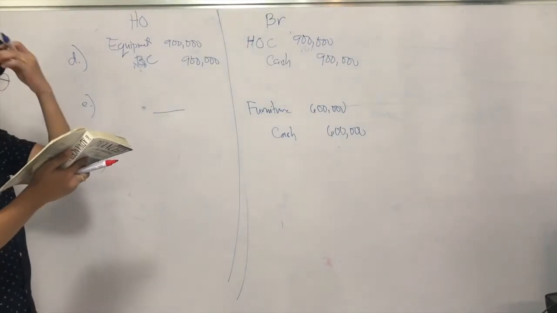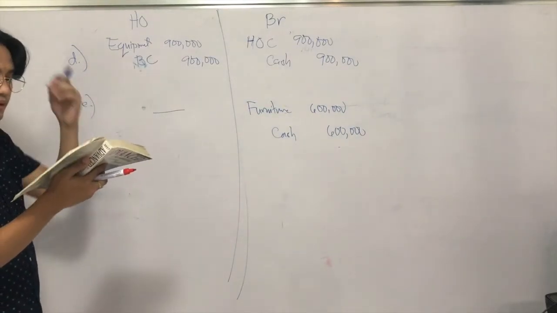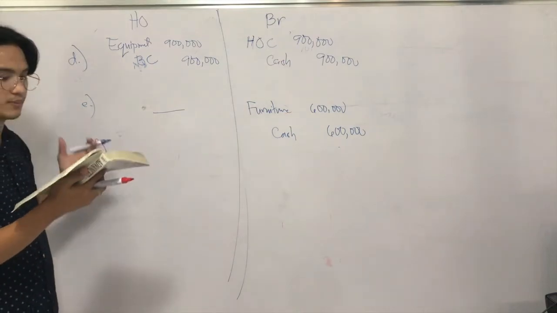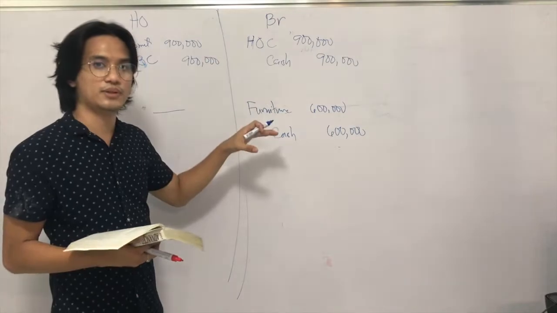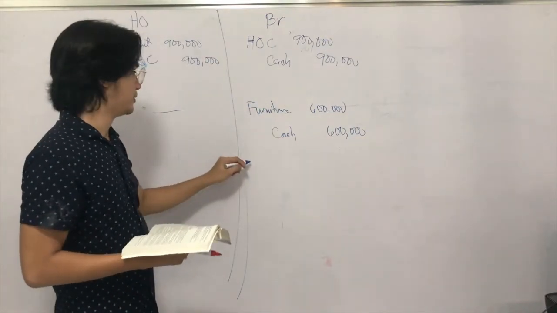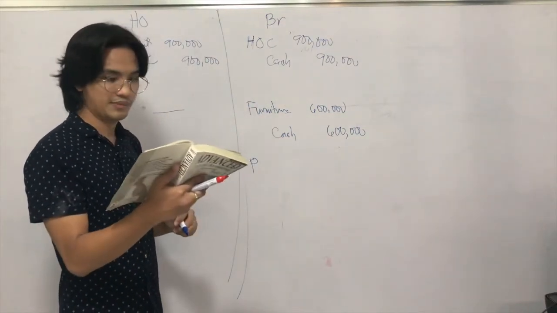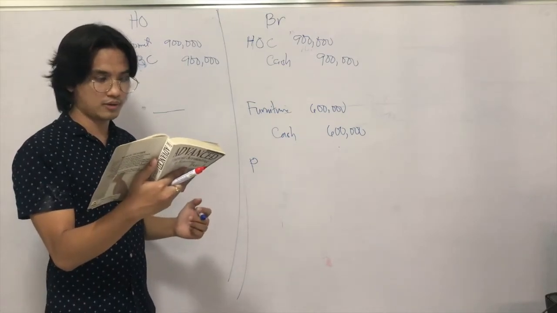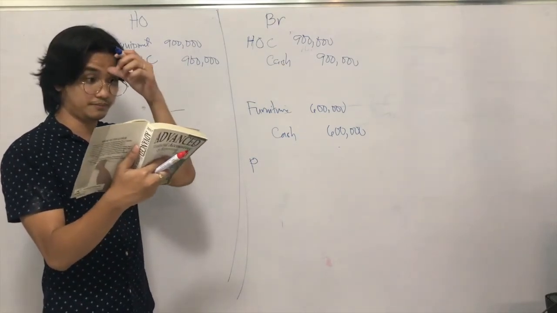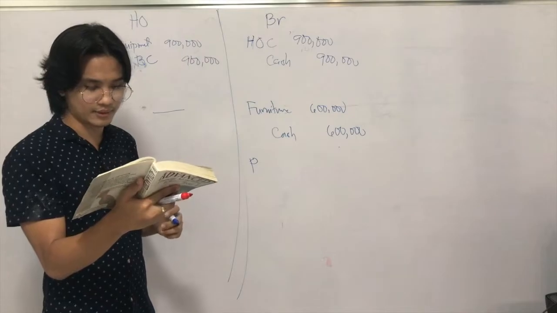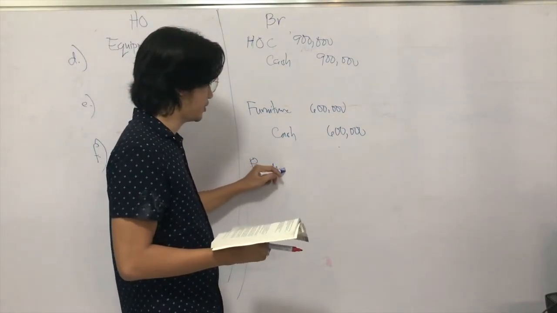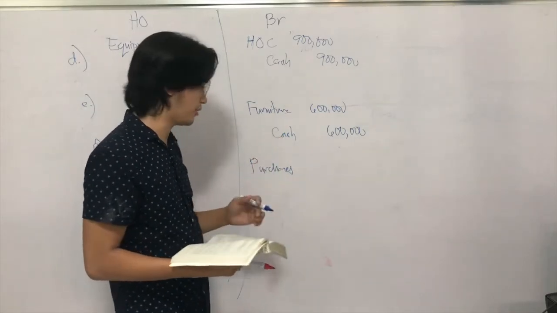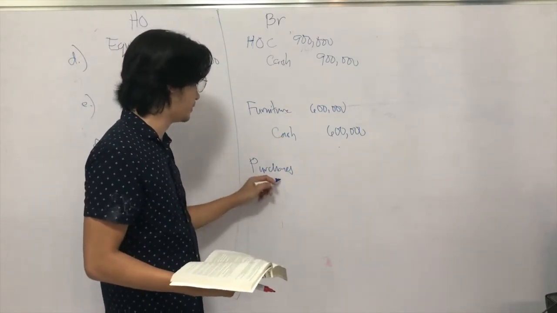On August 30, the branch purchases inventory for 10 million on account. No freight is paid. So in this case, the branch purchased inventories from outside suppliers. We'll just assume that the problem is using the periodic inventory system. So we debit purchases. No freight because we presume probably it was the supplier who paid for it.